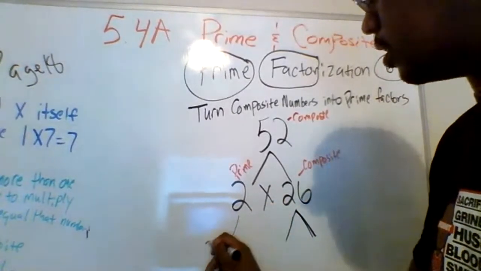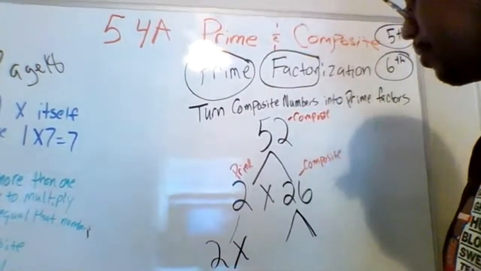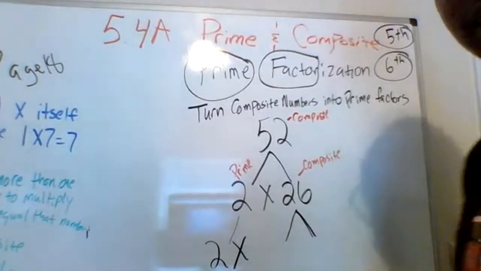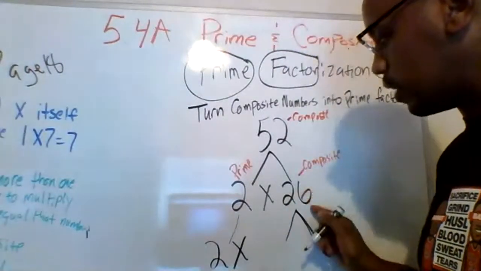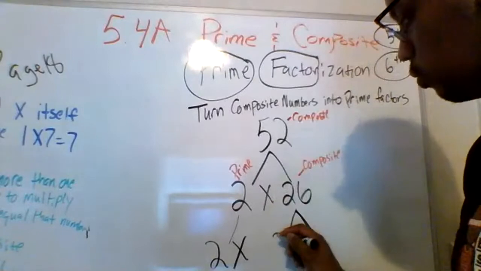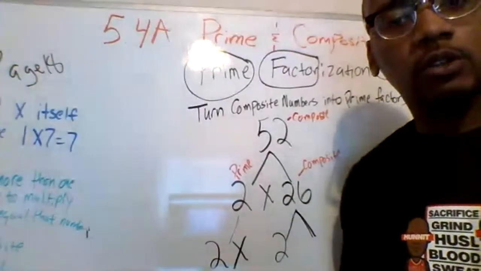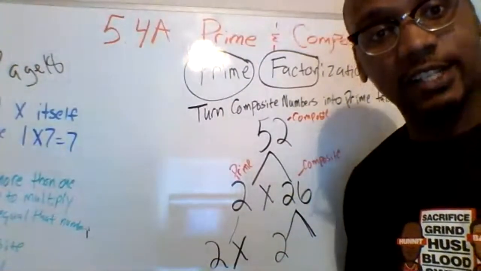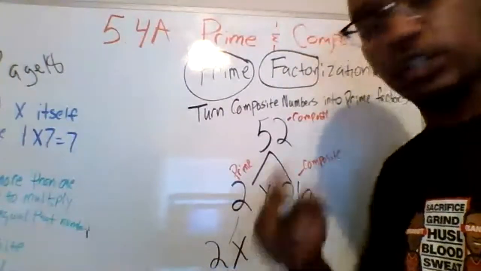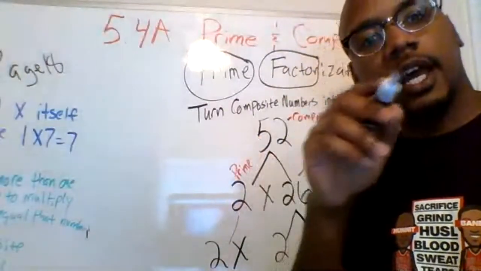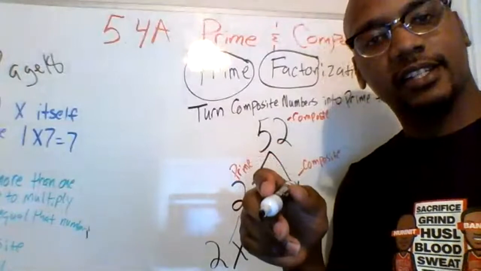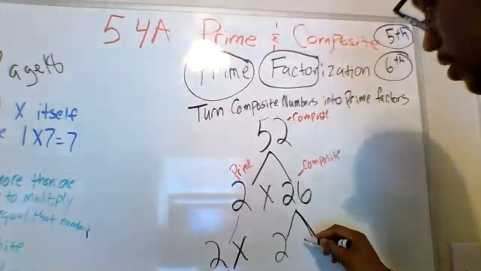So this 2 is good. I'm still 2 times some number, right? Now 26. Well, 26 is even, so it's 2 times some number. Well, 2 times 13 is 26. Because 2 times 10 is 20, and 2 times 3 is 6. So 10 and 3, that's 13.